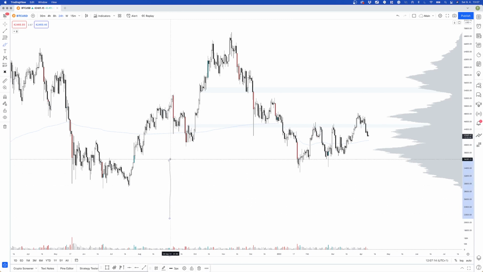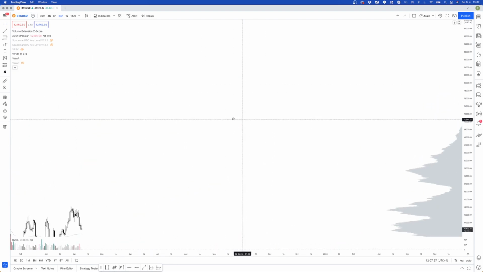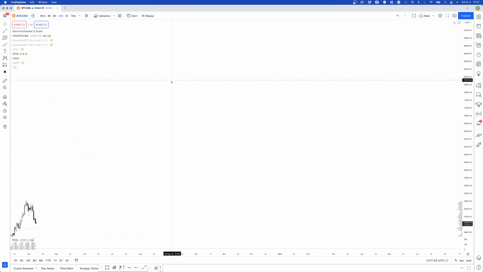So you have your single distribution, and let me actually do this so I can draw. Let's move it a little bit. So let's say you have a composite profile that looks something like this.